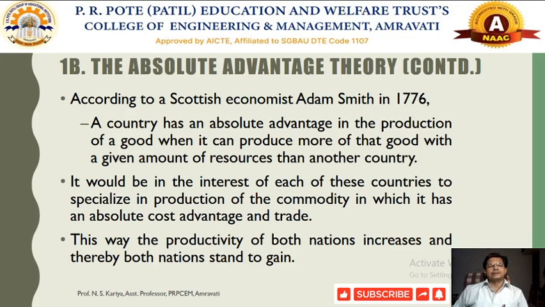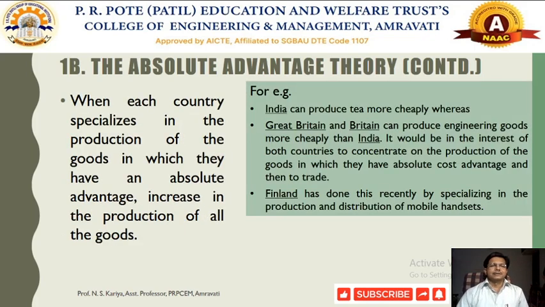So they both are trading partners to each other and they can conduct international trade mutually with each other. So when each country specializes in the production of goods in which they have an absolute advantage, that increases the production of all the goods or services across that particular country.